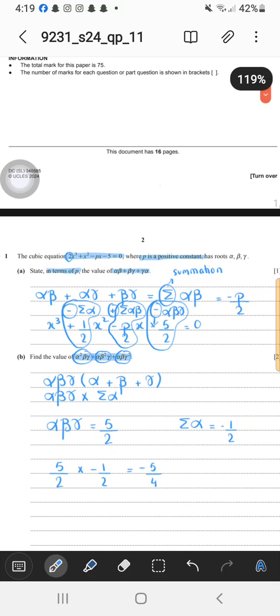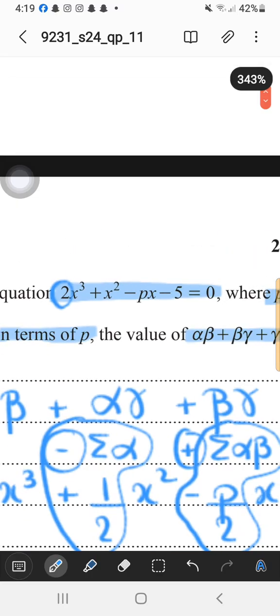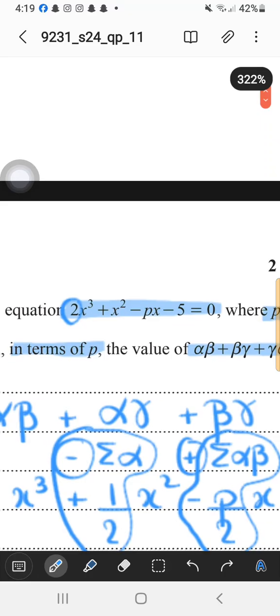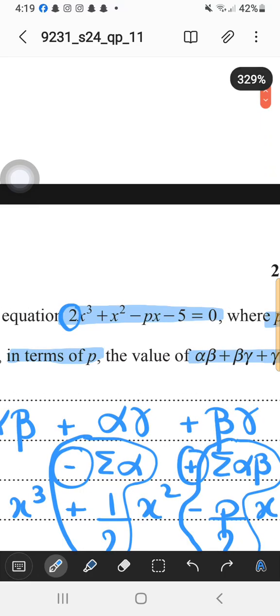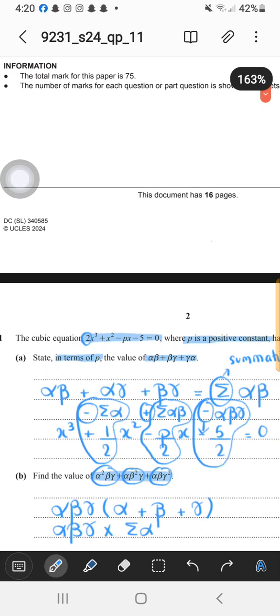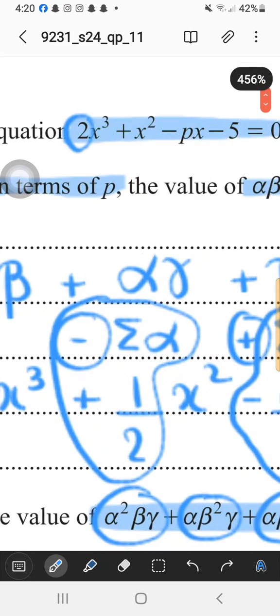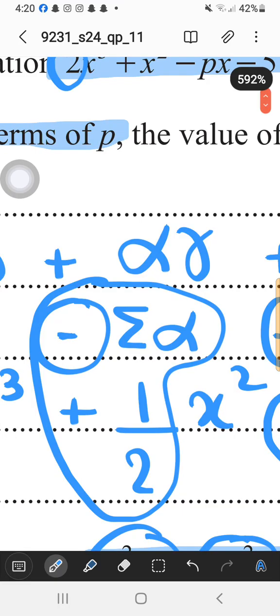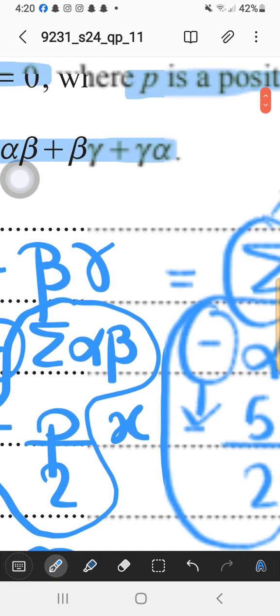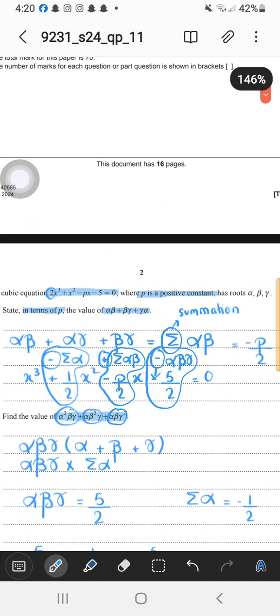In the first part, we found the summation of alpha beta by dividing the whole equation by the coefficient 2, so the leftmost coefficient will be only 1. Through this we found the summation of alpha beta, and we also noticed that the signs go negative, positive and negative; the negative shows that the sign will get changed.